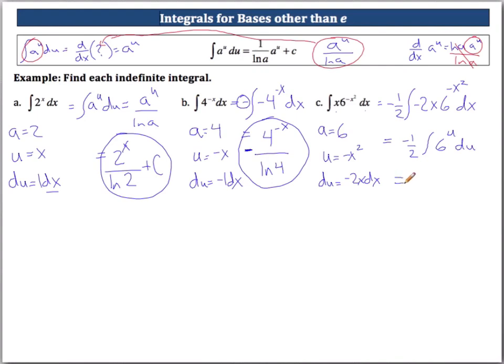And if I integrate this, I'm going to get negative 1/2 times a to the u over the natural log of a. Okay, and if we just rewrote this, back substituting our u, we get negative 6 to the negative x squared over 2 natural log of 6. Okay, so that is integrals for bases other than e.